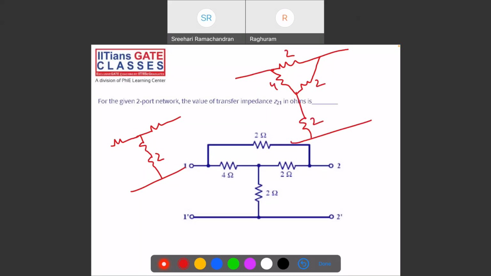So this is my 2, and this you'll get as 4 into 2 is 8 by 8, 8 by 8 is 1. This is again 2 into 2, 4 by 8 is 1 by 2. This is 1, and the other one is 4 into 2 by 8 is 1. So this is 1, 1 by 2, and 3. So Z21 is directly 3 ohms.